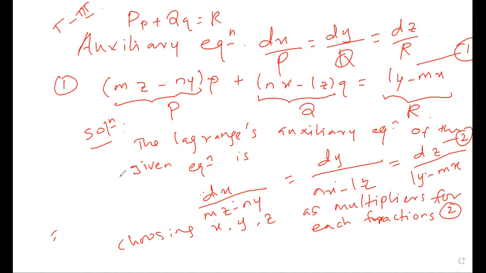Please write down anything you need, or otherwise take a screenshot if it is okay. So I will go to the next window for the continuation. First I have chosen x, y, z as multipliers for the fractions. Now I'll continue.